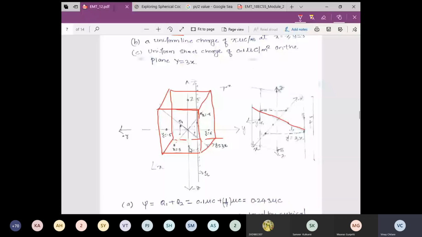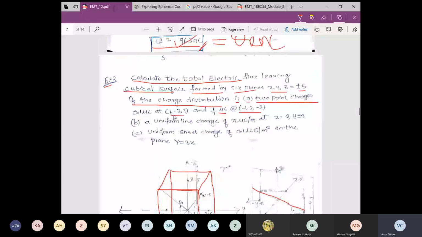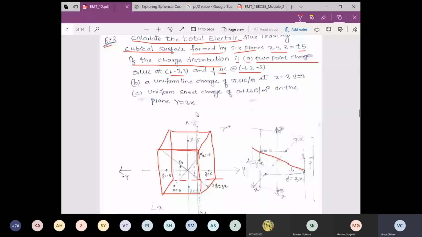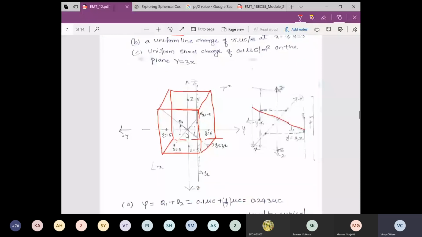Let us see where the charge is located. The charge is located at (1, -2, 3). So where I have shown, you could see 1 along x, minus 2 along minus y, and 3 along z, that is q1.